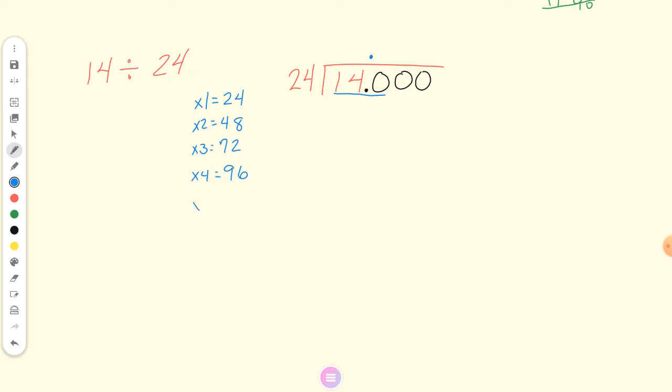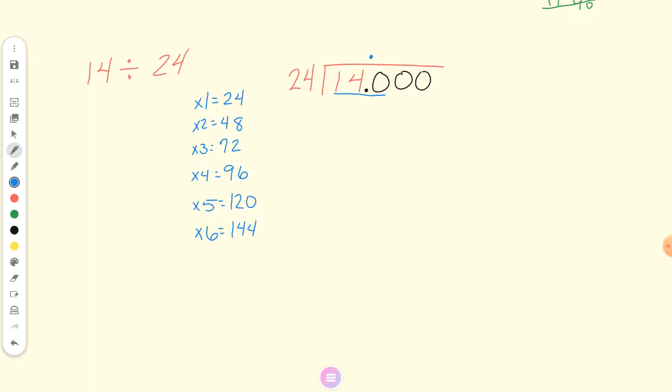Times 5. You guys might have to do some algorithm out to the side. 120. Good job. We should be able to just add 120 plus 24 here. 144. Okay, let's stop there because that gets us to our first number, and it's pretty high. And everything behind it's zeros.